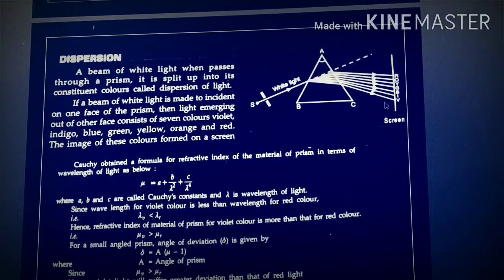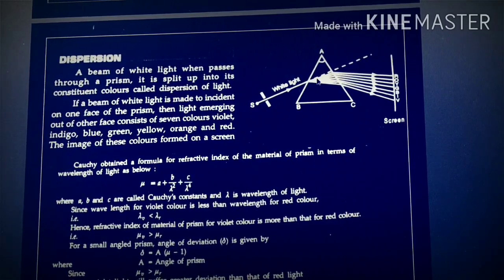We can incident the light beam on the side AC or AB, but in this case, first we consider a source S. The white light is emitted from the source S, and it is converted into a beam due to the slit.